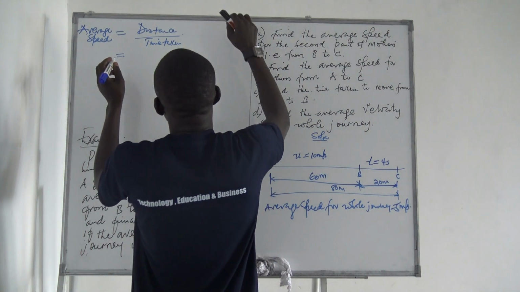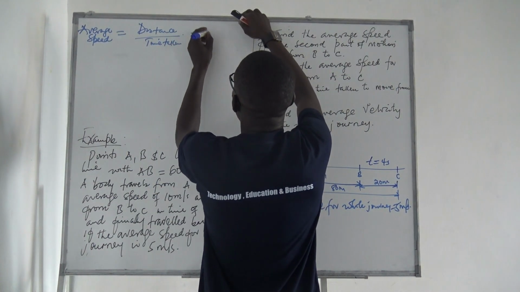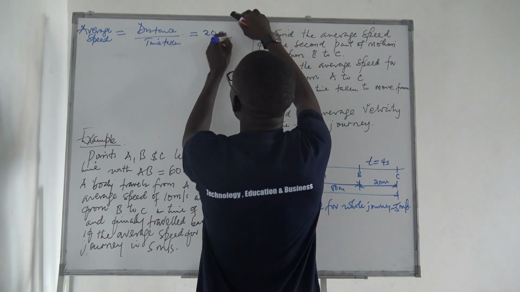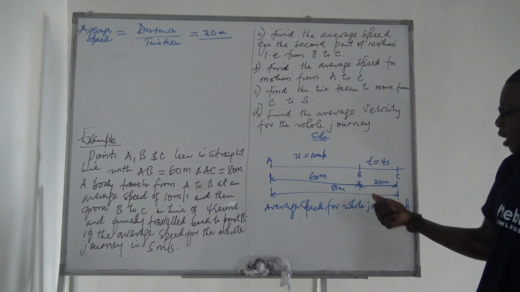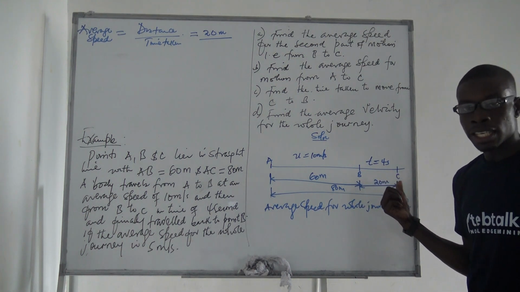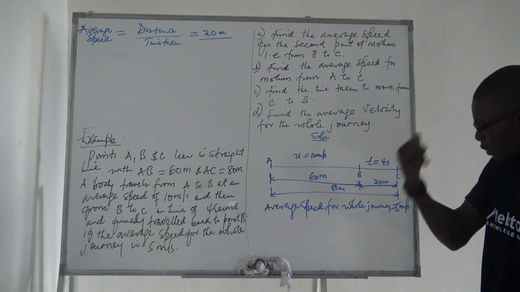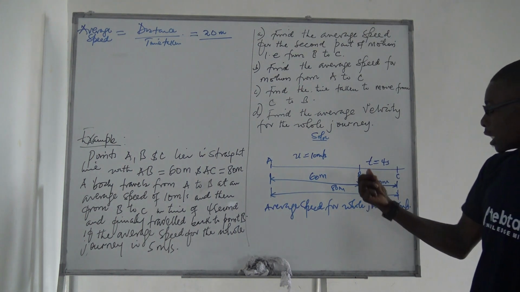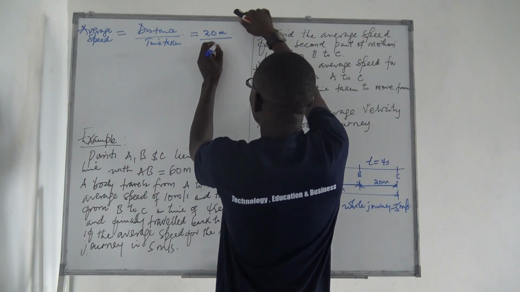That means I'm going to say here I have 20 meters divided by the time also. The time should be BC. Is that okay? The time should be BC. And we were given from our question that the time B to C is equivalent to 4 seconds.